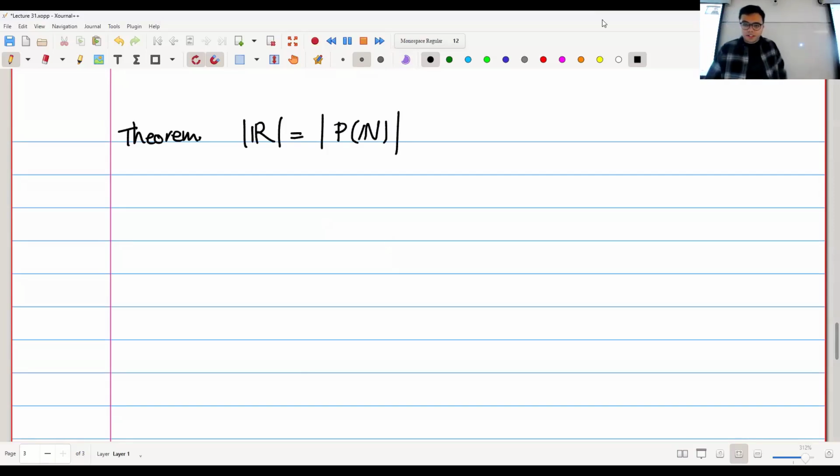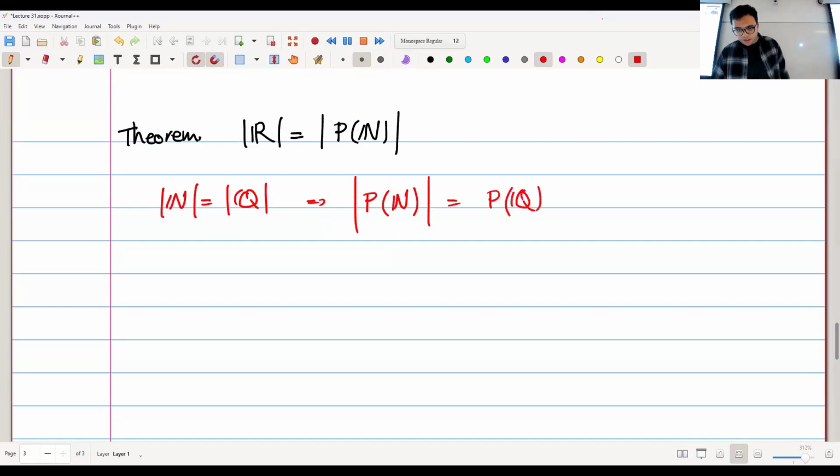So first of all, I've already seen that natural numbers and rational numbers have the same size. We've seen that rational numbers are countable. So based on this, I can already say that the power set of natural numbers has the same size as the power set of rational numbers, right?